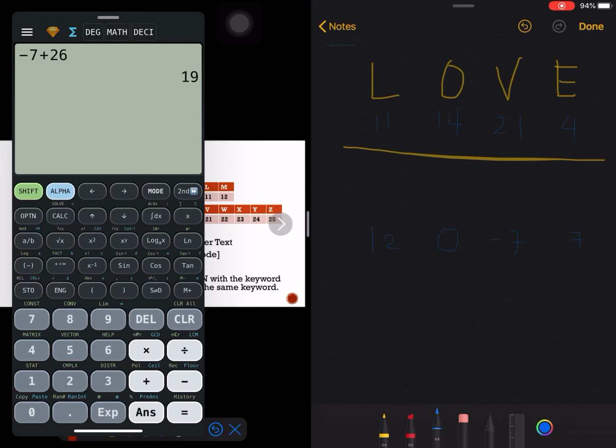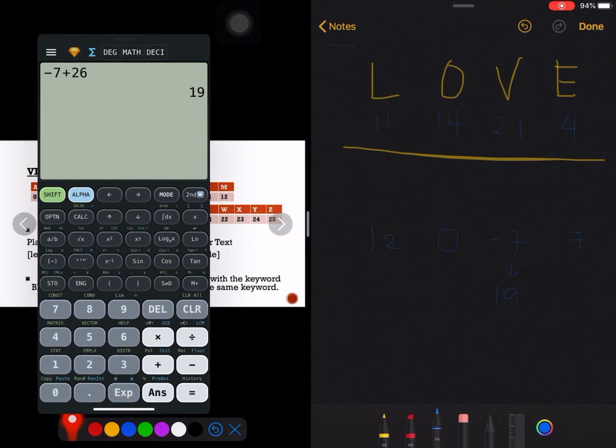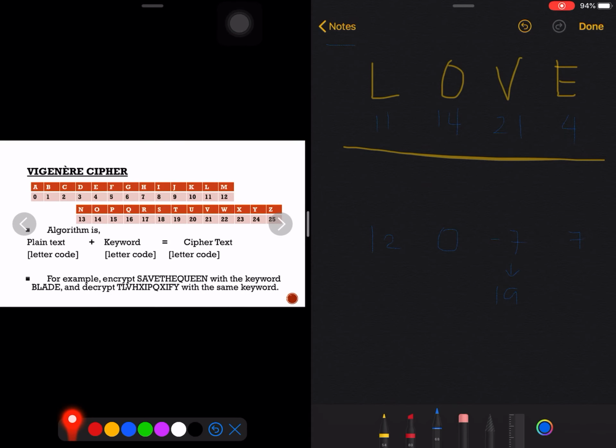In this case, that's 19. So negative 7 is congruent to 19 mod 26. Now we can get the corresponding letters. So 12 is letter M, 0 is letter A, 19 is letter T, and 7 is letter H.